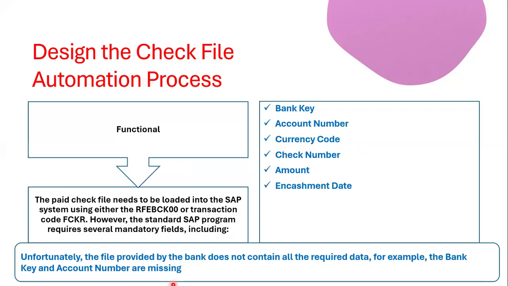Now we are going to discuss some points. We analyzed all these points from the SAP perspective. Now we are going to think about the process from the bank side. Unfortunately, the file provided by the bank does not contain the required data. For example, bank key and account numbers are missing in the bank-provided file, which is a txt file.